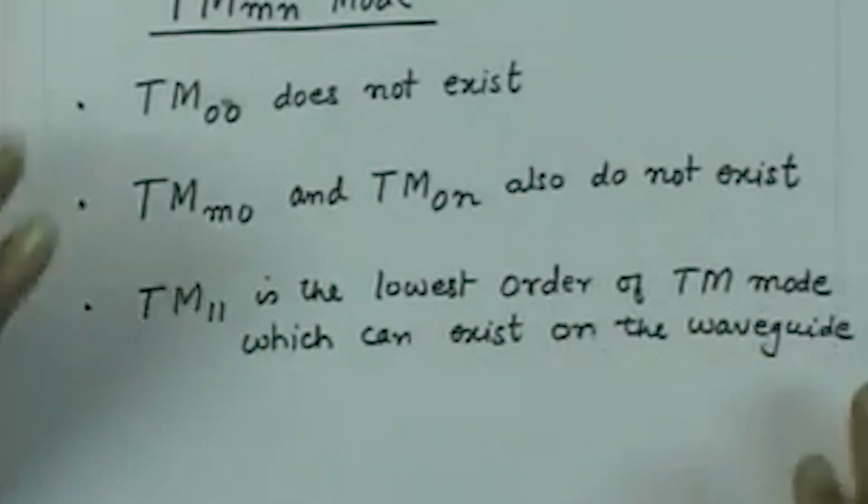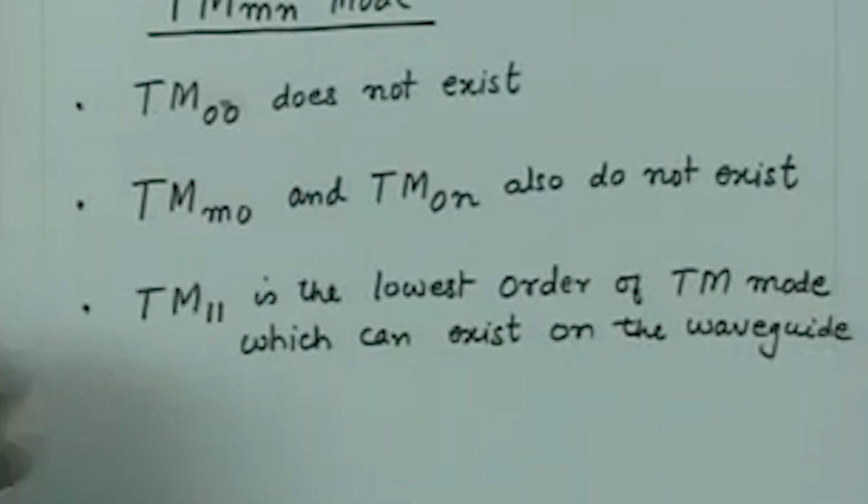So, by doing this general analysis, we come to the very important conclusion that if the TM mode has to be excited on a rectangular waveguide, the fields must vary in both the directions x and y on the rectangular waveguide, and that we can see physically as follows.